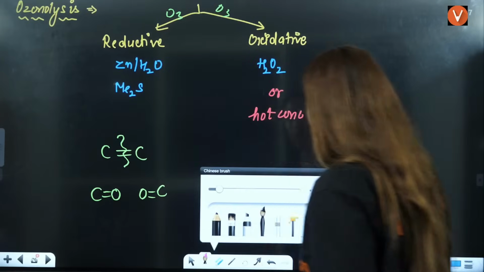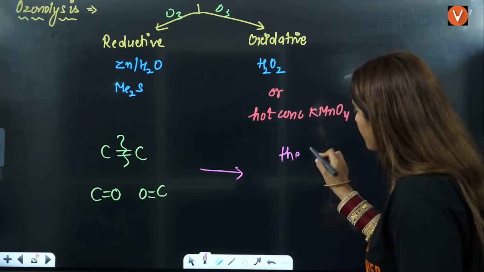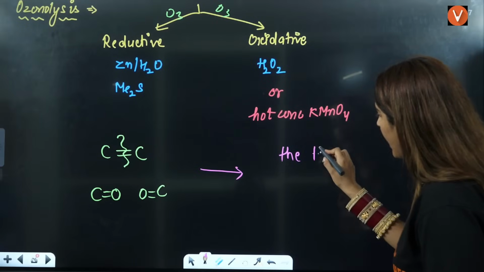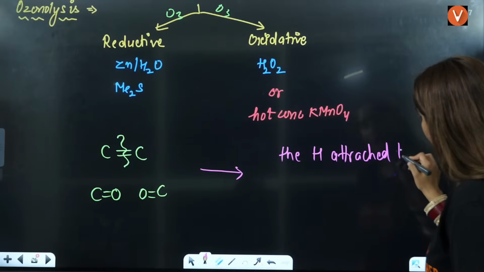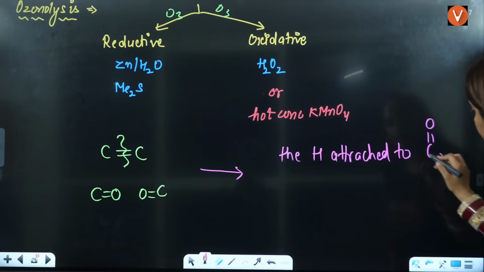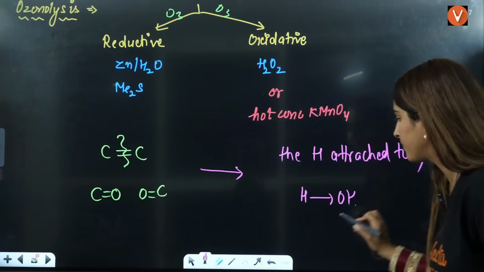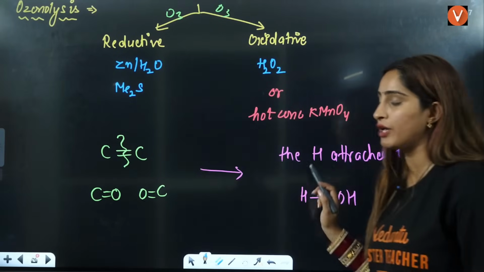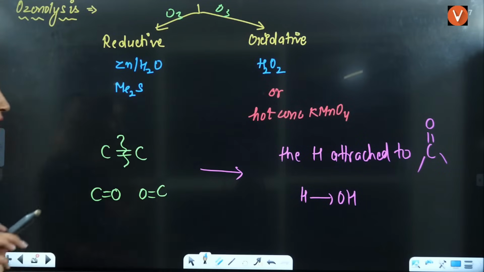In oxidative, you move one step further. The hydrogen attached directly to the carbonyl carbon is converted to OH. Is this thing clear to everybody or not? This is going to solve so many questions in your exam.